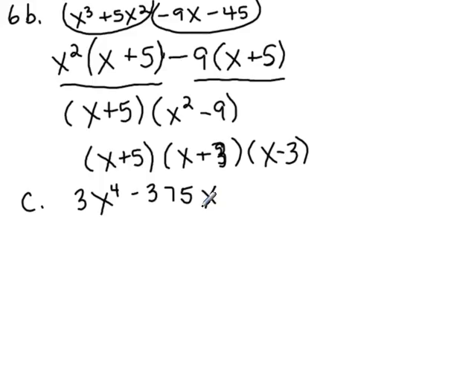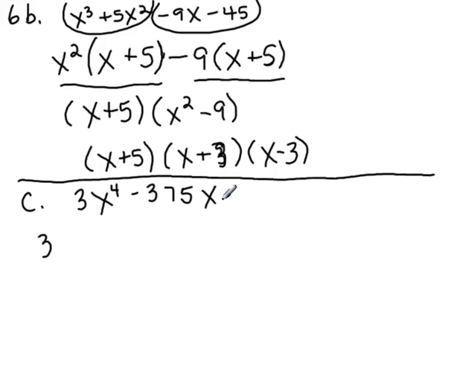Now again, just like on every factoring problem, the first thing we look for is a GCF, something in common. Well, 3 divides into 375, so 3 is in common. And I have an x to the 4th and an x, so x is in common. I'm going to factor those out.